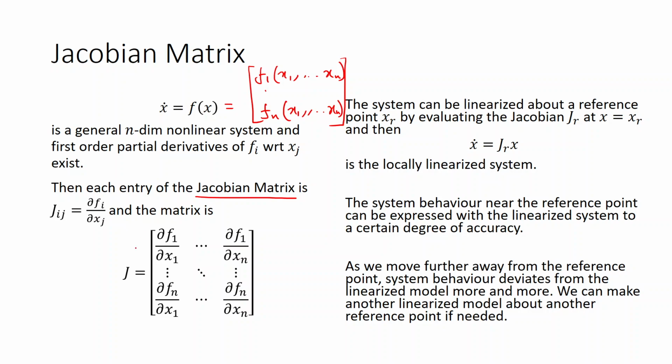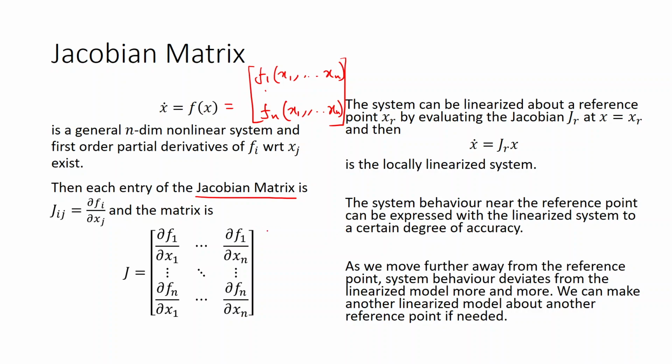So the Jacobian is formed like this: in the first row you take the first function and write the partial derivatives with respect to all the variables x1 to xn: dou f1 dou x1, dou f1 dou x2, dot dot dot, dou f1 dou xn. Then the next row, dou f2 dou x1, dou f2 dou x2, dot dot dot, dou f2 dou xn. In this way you come to the last row, which is dou fn dou x1, dou fn dou x2, dot dot dot, dou fn dou xn. This is the Jacobian matrix.